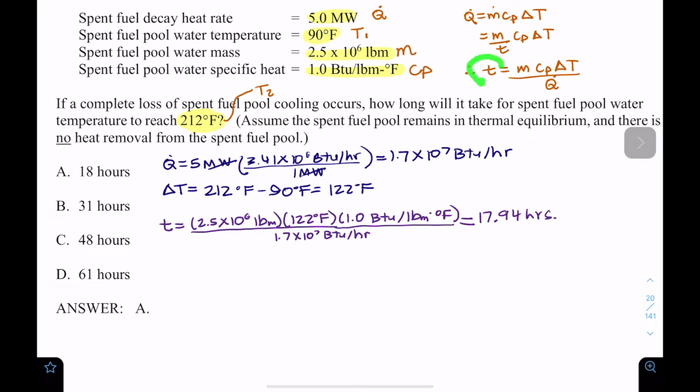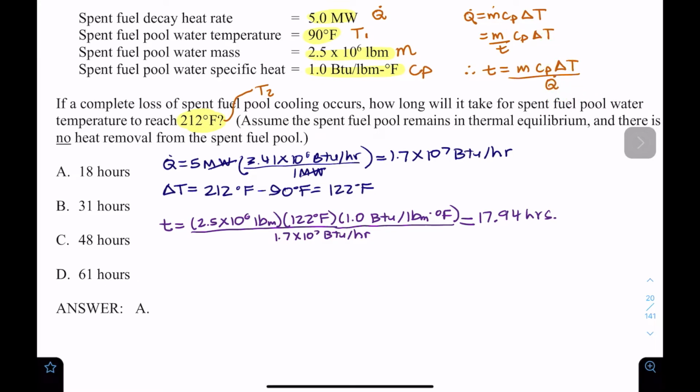So I just need to take time out, put my heat rate in, and do the calculation, but I need this in BTU per hour, right? I calculate also my delta T. I get this one, and I already have these two.